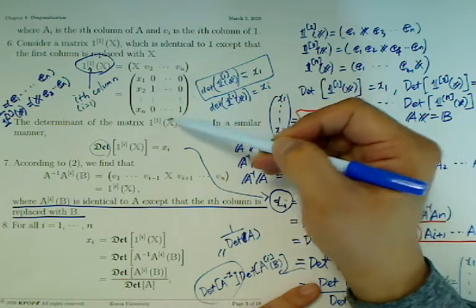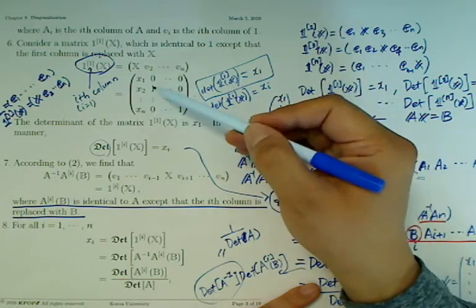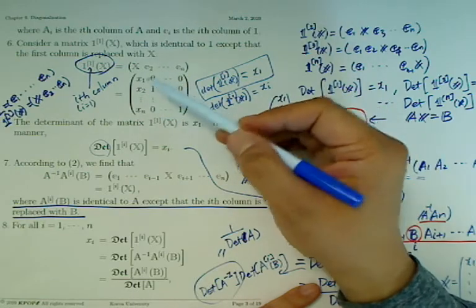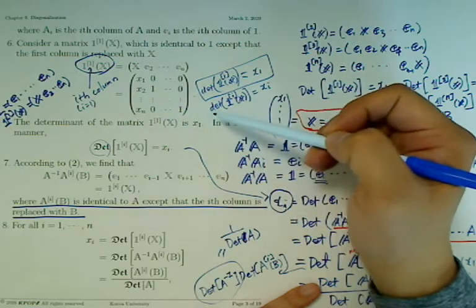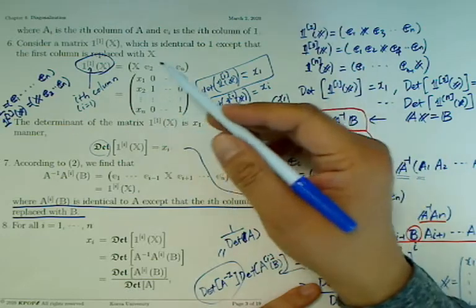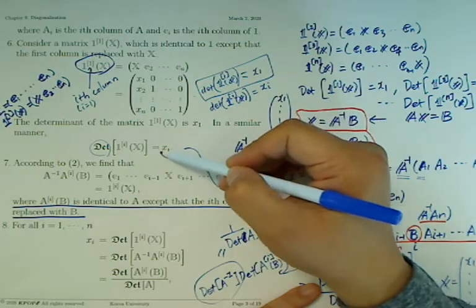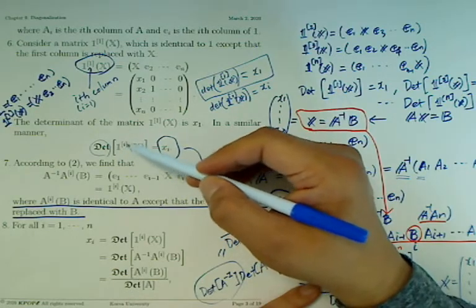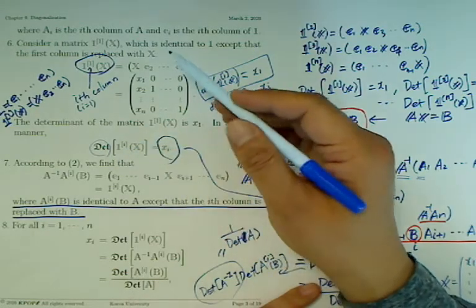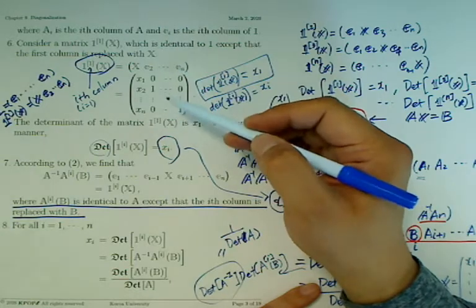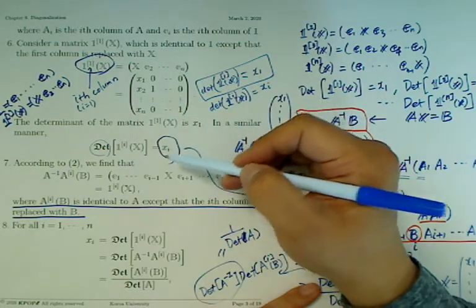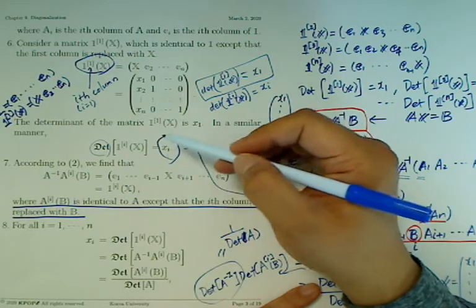This is another identity matrix, and its determinant is just 1. So x1 times 1 equals x1. And if I replace the ith column, then the diagonal element will be xi. So the answer is xi.